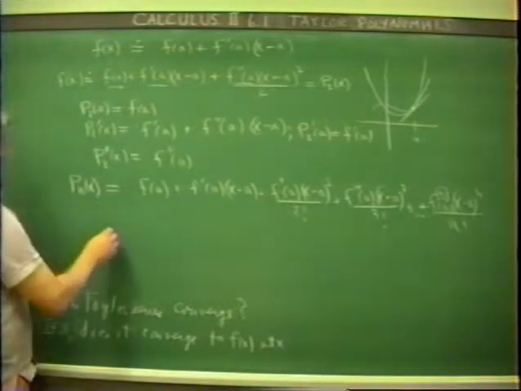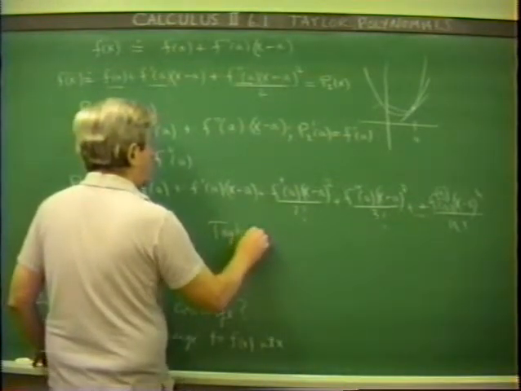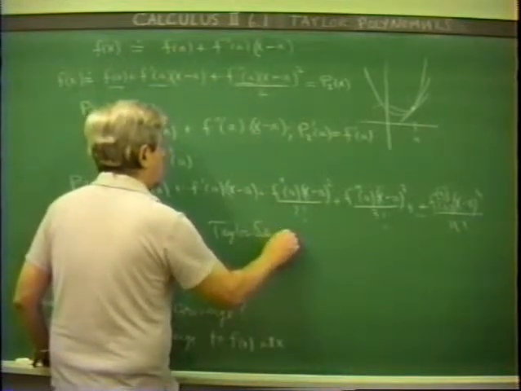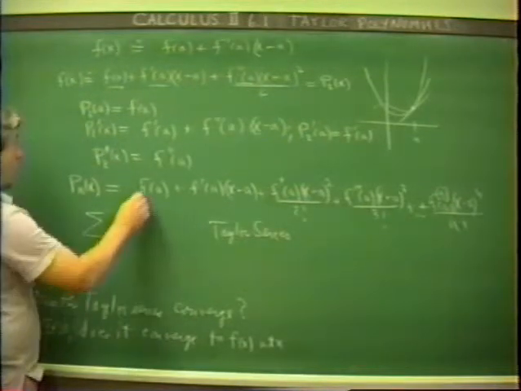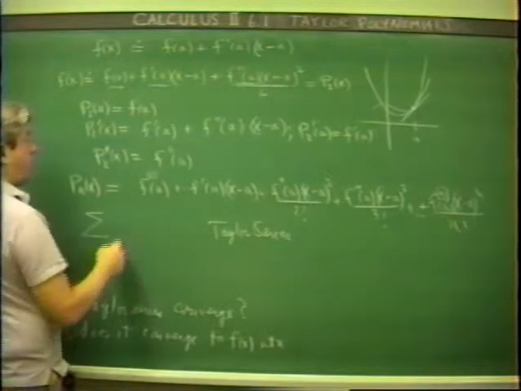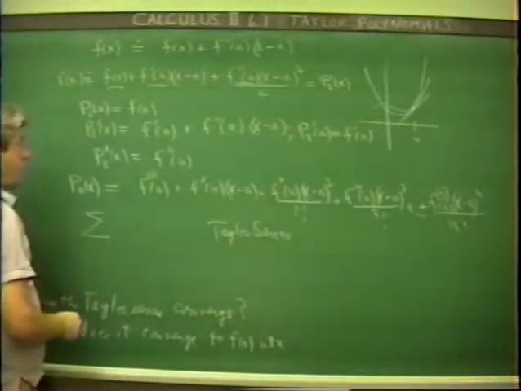All right, so the Taylor polynomial gives rise to what's called a Taylor series. And the Taylor series can be written in summation notation like this. If we agree to write the zeroth derivative of f as f itself, then we have the first derivative and the second derivative and the third derivative and so forth.